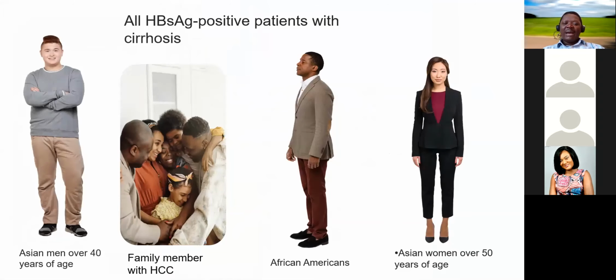And who are particularly of interest in this regard? All surface antigen positive patients with cirrhosis do need to undergo screening every 6 months for liver cancer, okay? It is particularly important in Asian men who are over 40 years of age, if a family member has had liver cancer, or if you're a Black person or an Asian woman who is above 50 years of age, okay?